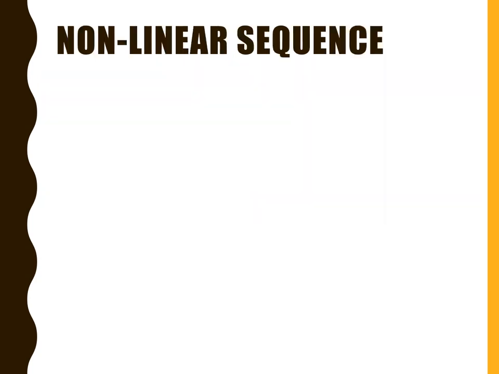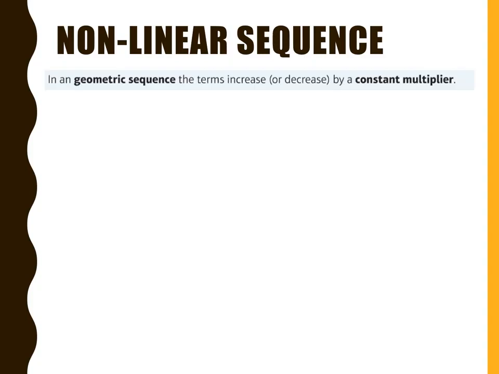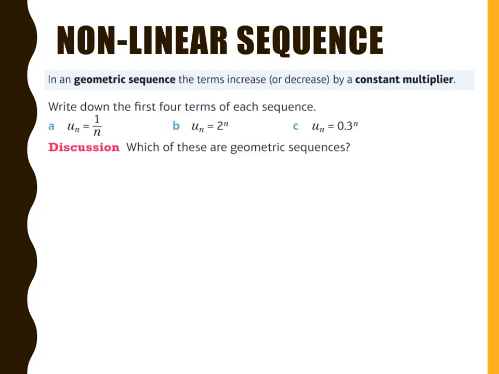Okay. We're going to look at 2 non-linear sequences. The first one is a geometric sequence, where the term increases or decreases by a constant multiplier. So you're multiplying by the same number in each term. Before it was adding and subtracting, this is multiplying or dividing by the same number. So write down the first 4 terms of each sequence.